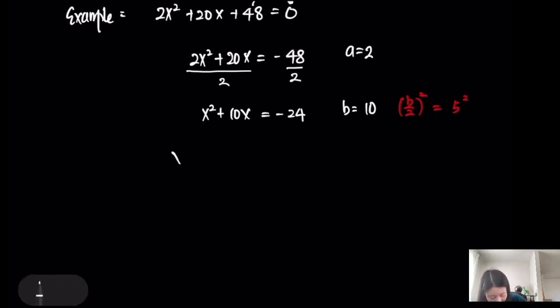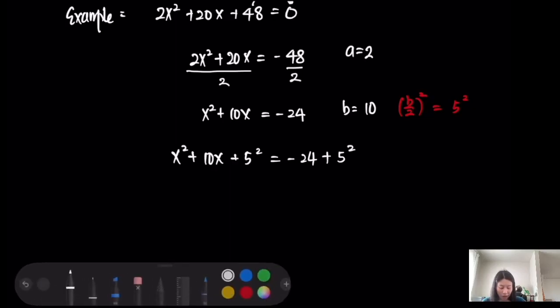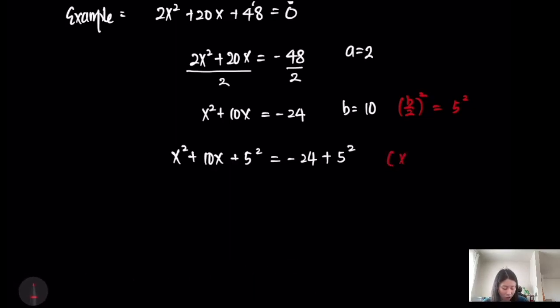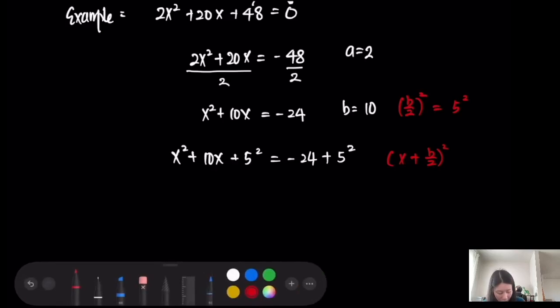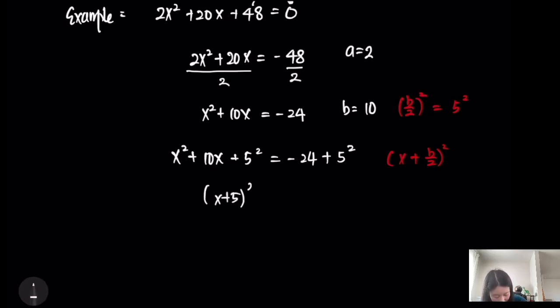So the equation gives us x squared plus 10x plus 5 squared equals negative 24 plus 5 squared. After I did that, your completed square should equal x plus half b, in parentheses squared. So I got x plus 5 squared equals 1.